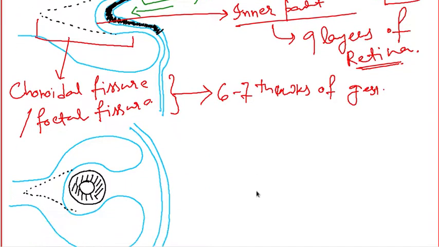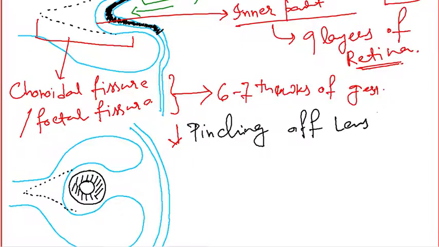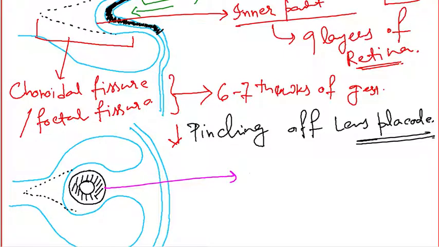Now after invagination, this lens placode does a very important thing, that is pinching off. After pinching off of the lens placode, it will form a lens vesicle.